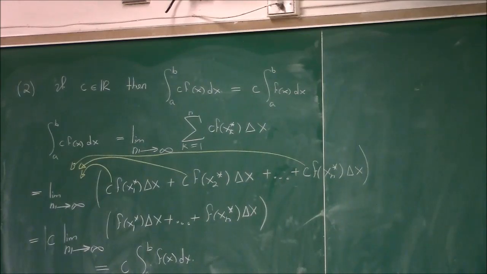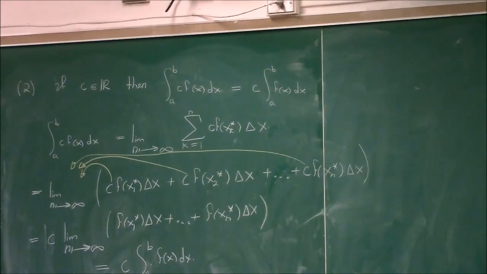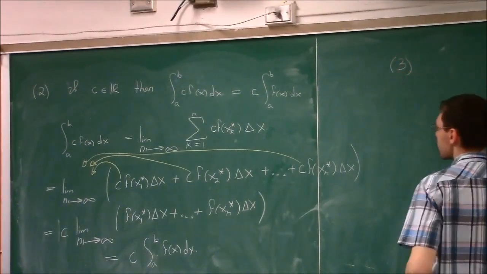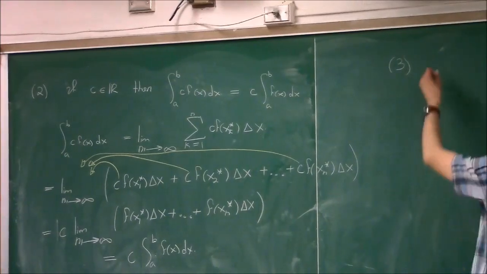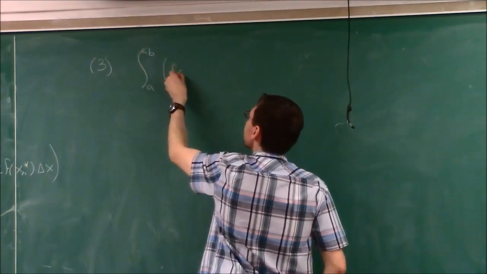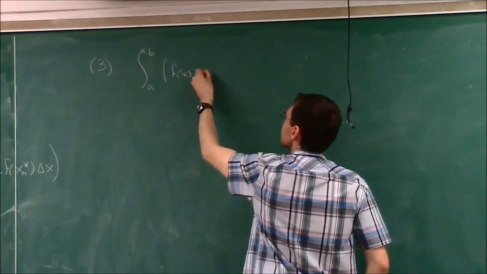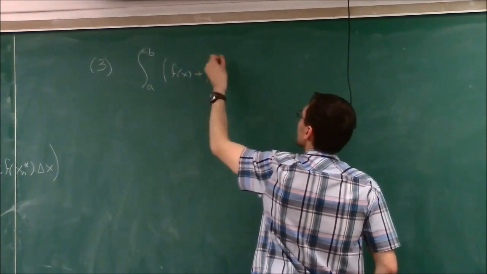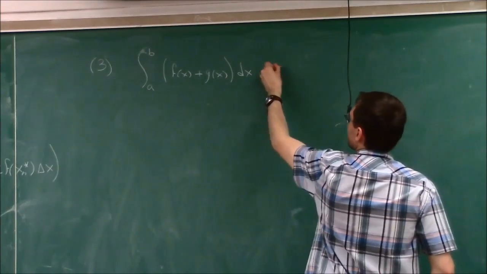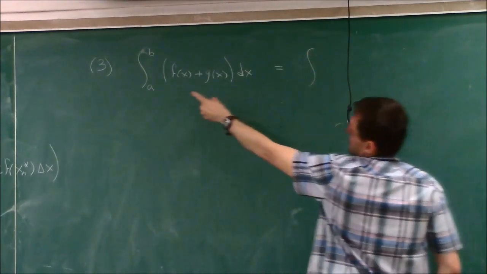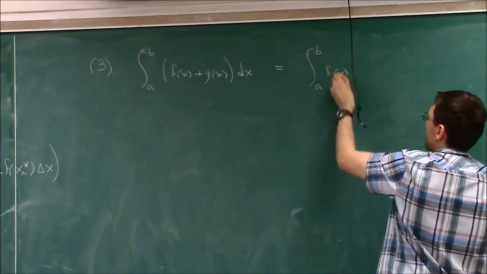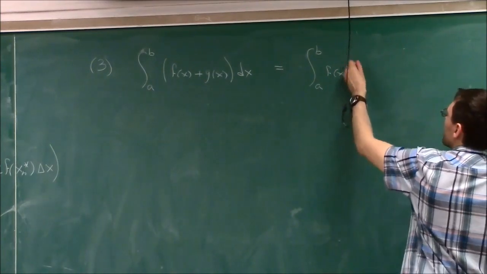Let's look at property 3. The integral from a to b of f of x plus g of x dx should be, you see this is just like a sum, so it should be the integral from a to b of f of x dx.